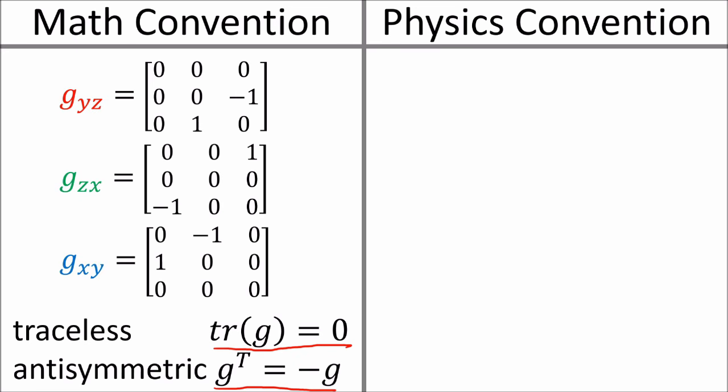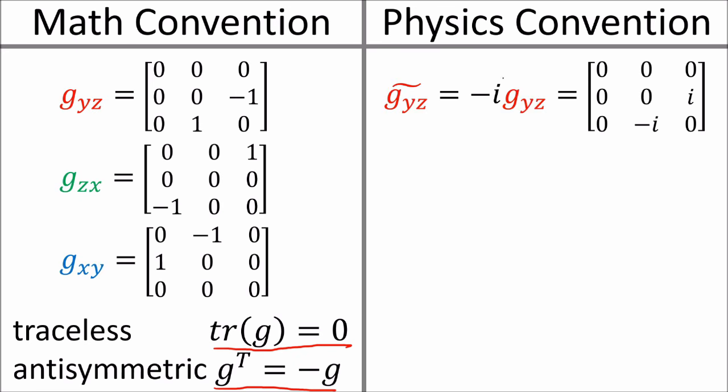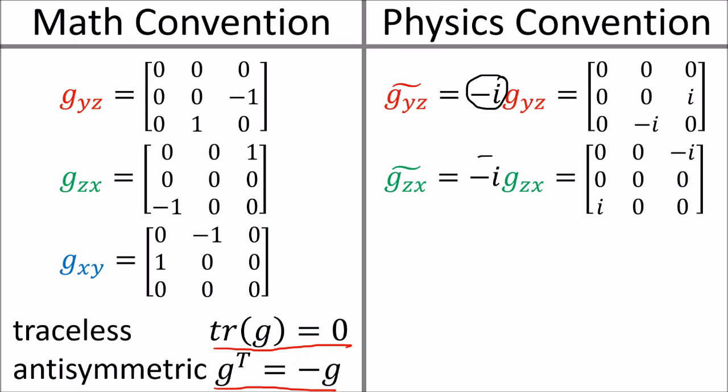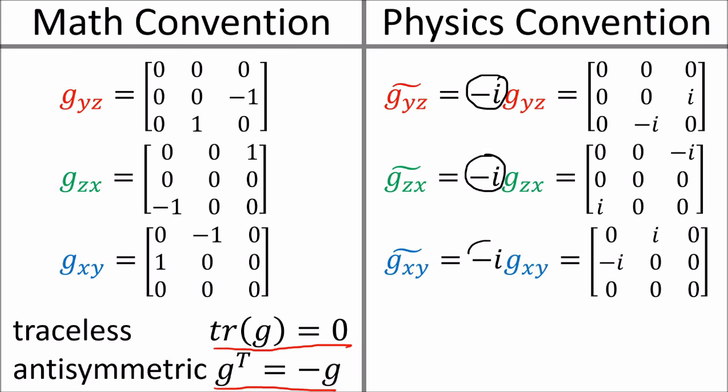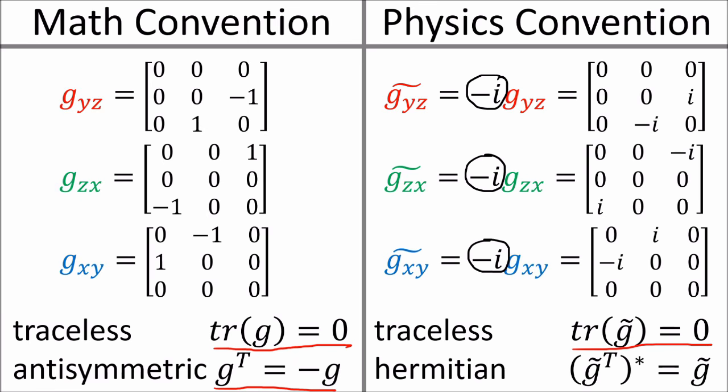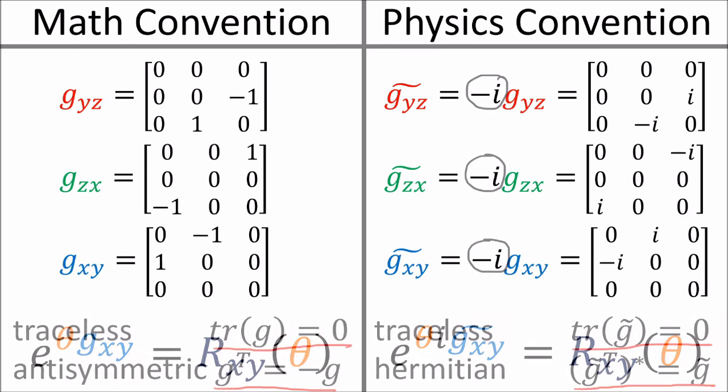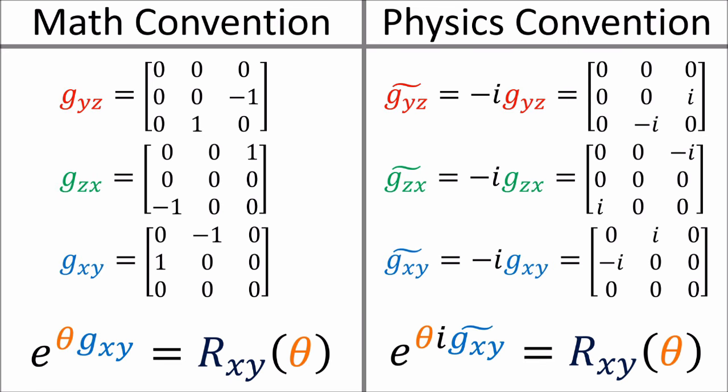In the physics convention, it's often the case that the generators are multiplied by -i, where i is the imaginary unit. This makes them traceless and Hermitian matrices, where Hermitian means a matrix equals its complex conjugate transpose. To compensate for this extra factor of -i, there needs to be an additional factor of i with the opposite sign used in the exponential to cancel it out.